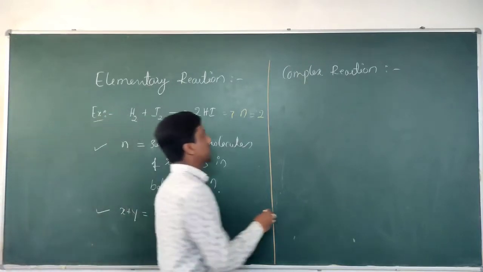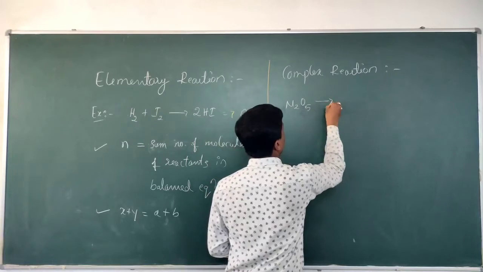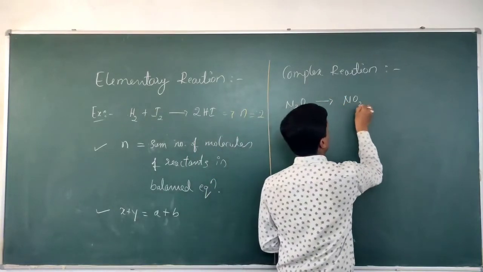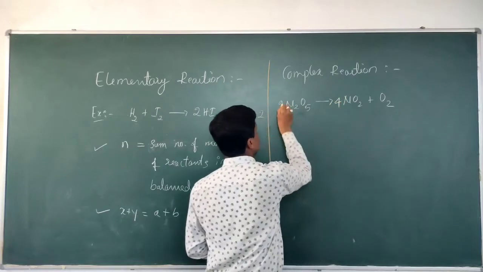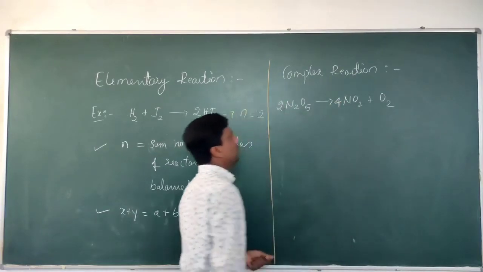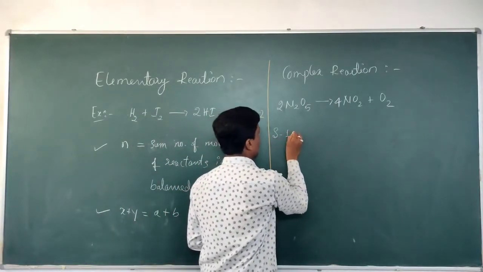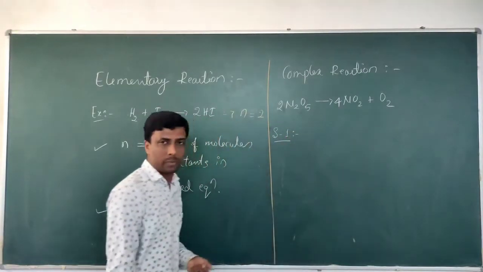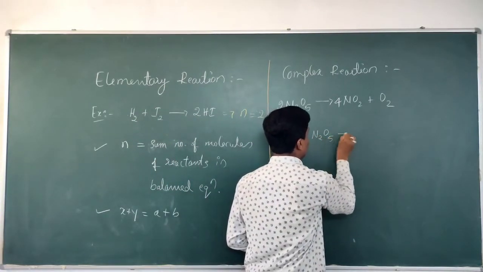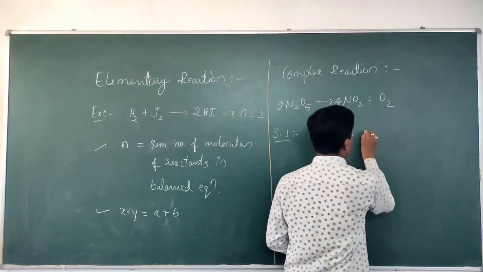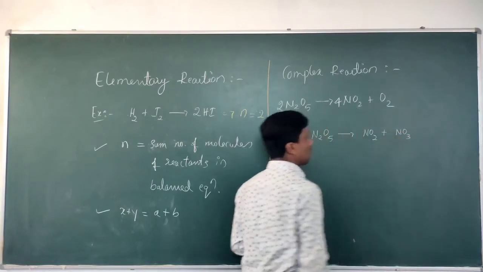Okay, I will give one example. Yesterday I have given N2O5 will split up into NO2 plus O2. To balance this one, 4 here, 2 here. Now it is balanced. Okay, in step number 1 what happens? It is carried out in 2 steps. In step number 1, this N2O5 will split up into NO2 plus NO3.